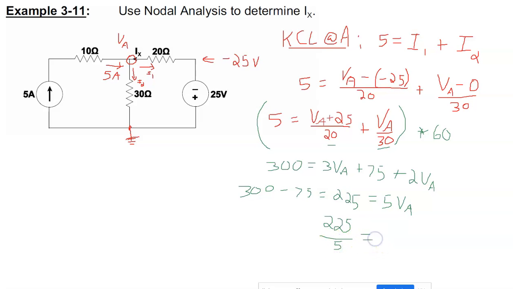Oh yeah, okay, probably it is. We've got 225 divided by 5, and that gives us 45 volts. 45 volts equals VA.